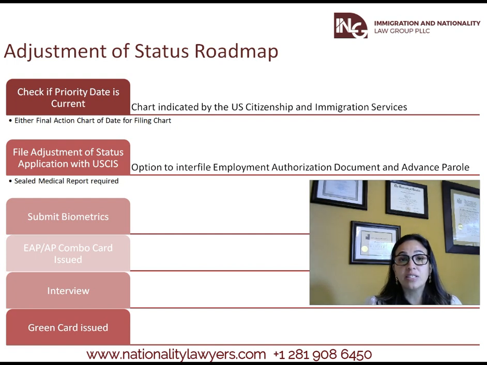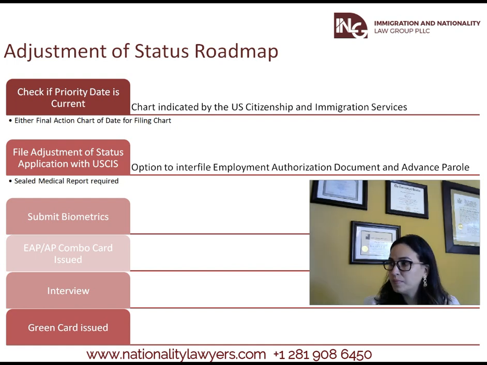This visa bulletin is basically the list of dates that the US government is accepting or processing green cards based on that place in line that I referred to before. So first you check whether USCIS is using the final action dates or the dates for filing charts.